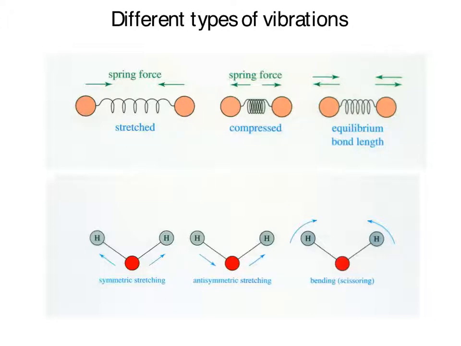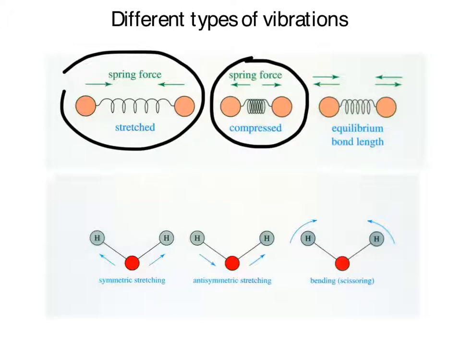So the vibrations here are what we're really looking at: bending and stretching, compression and stretching. So if we look here, we're talking about these spring forces pushing together, or the spring forces pulling apart. And so these are the stretches. Now we can also have things where we move this way, bending, scissoring, different types of movements that are not necessarily associated with stretching and compressing, but perhaps changing the angle.